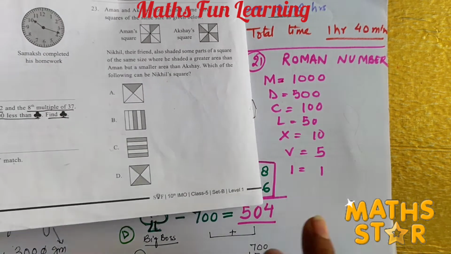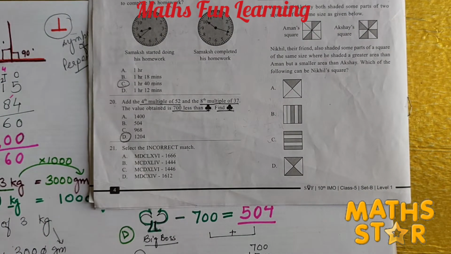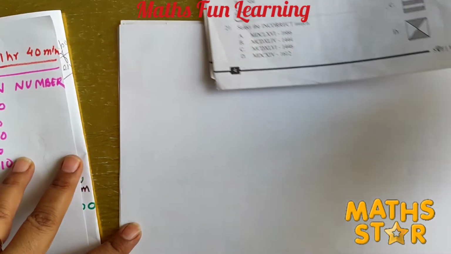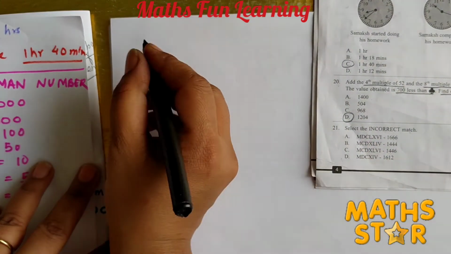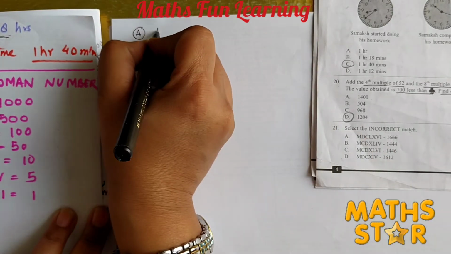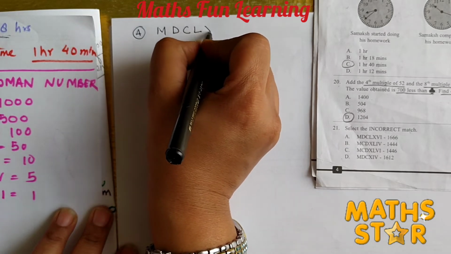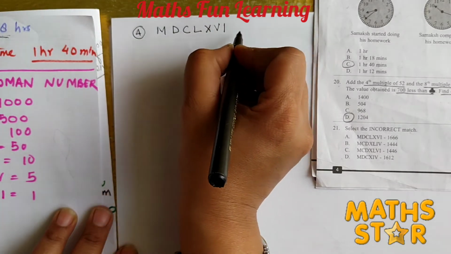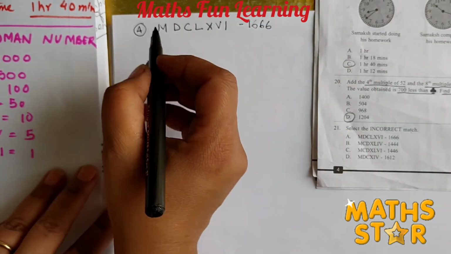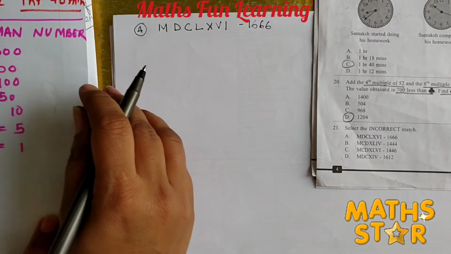Now let's start solving this one by one and find out which is incorrect. Number A says M D C L X V I is 1666. So we'll write it in expanded form.